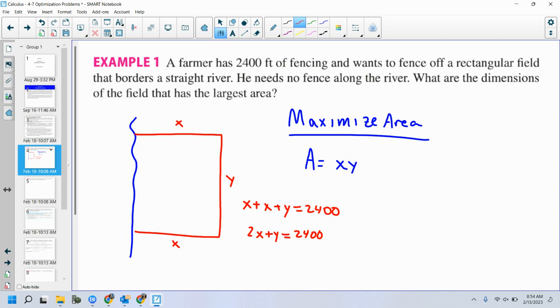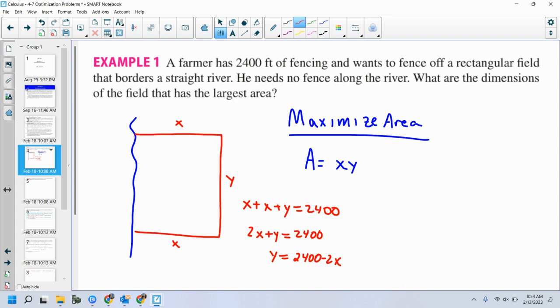All right, so solve for y. It's pretty easy. y is equal to 2,400 minus 2x.